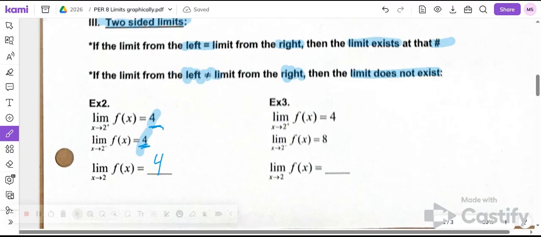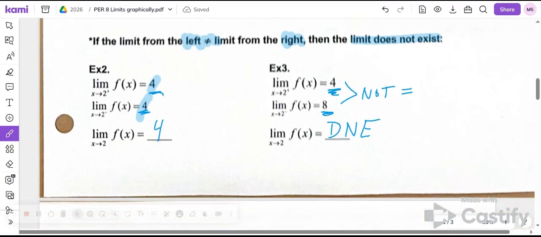Over here though, one of them is 4 and one is 8. Are they the same? No. Not equal. So now we write DNE, does not exist. So these two are the same.